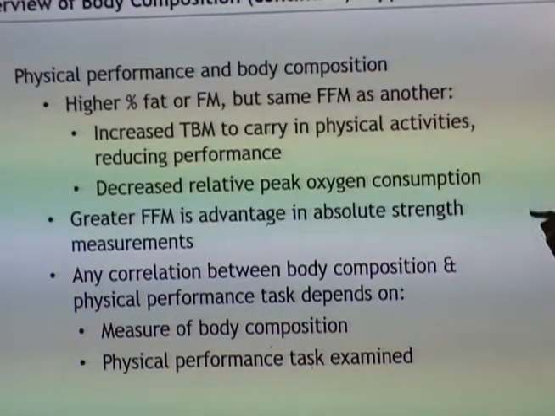We also see a decrease in relative peak oxygen consumption because my absolute measure is getting divided by a higher total body mass. So if I'm comparing myself to someone else, my VO2 max would be lower.